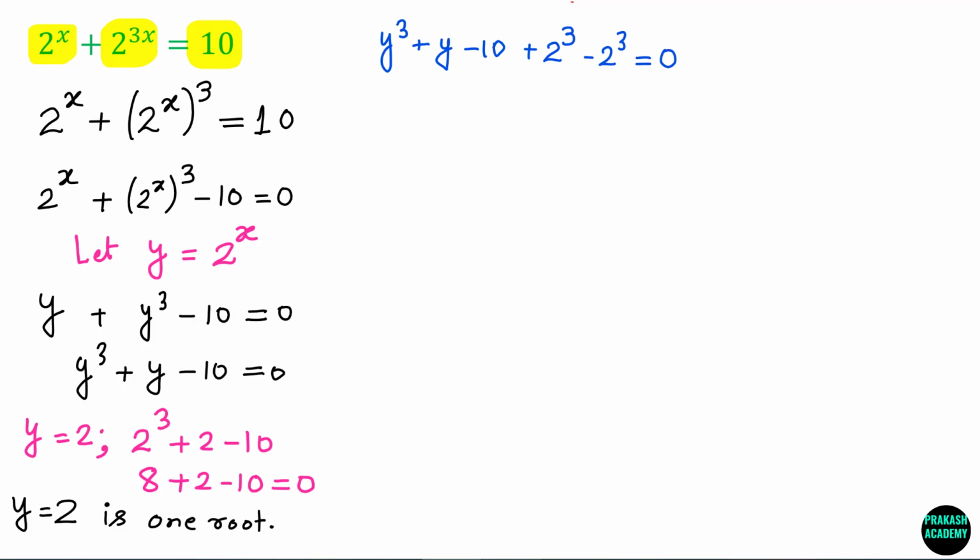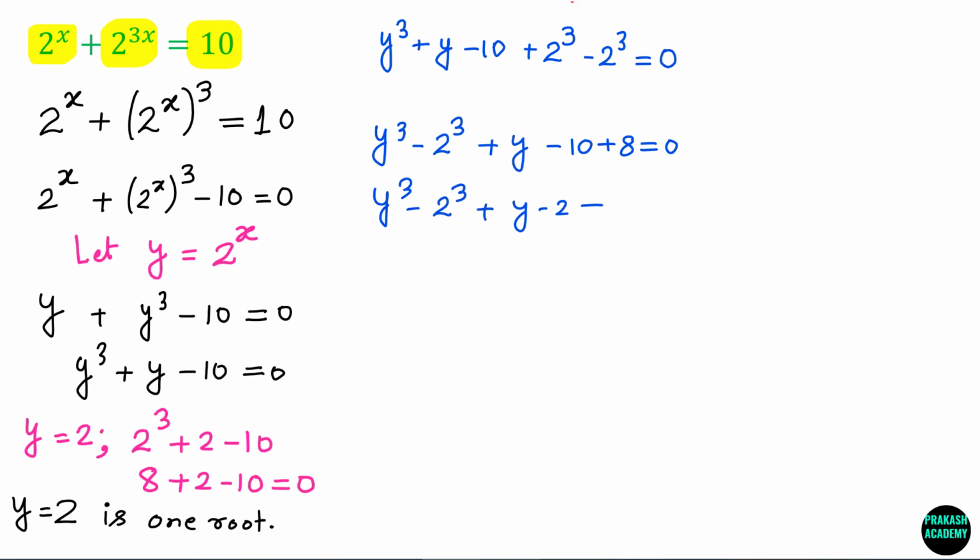Now these two terms we will keep together, and the remaining three terms we will keep together. So we will have y cube minus 2 cube, and this will be plus y minus 10 plus 8 is equal to 0. So this is y cube minus 2 cube plus y minus 2 is equal to 0.